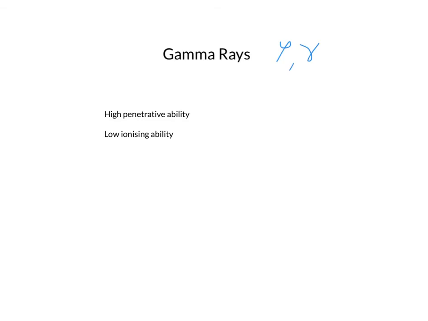So as far as the characteristics of gamma radiation, it has a very high penetrative ability. This means that it can travel through pretty much any material, and the only thing that's going to stop it is something very dense. On the course we learned that the thing that will stop it is thick lead. You'll see that's similar to the way that X-rays are stopped by thick lead.